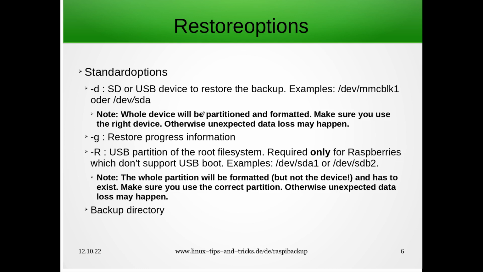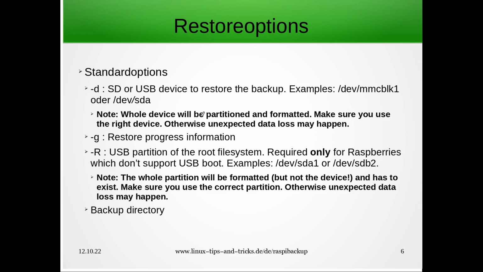Keep in mind the whole device will be partitioned and formatted, so all data will be deleted, and make sure that you use the right device as the option for -d, because otherwise you will delete important data by error. Next, there's an option -g, just to display restore progress information.